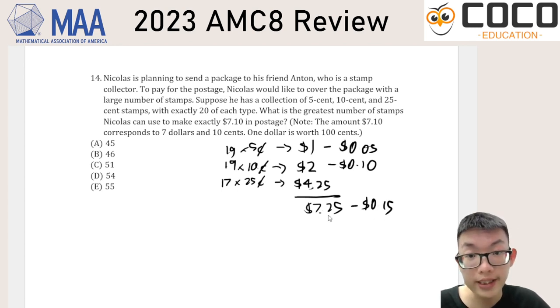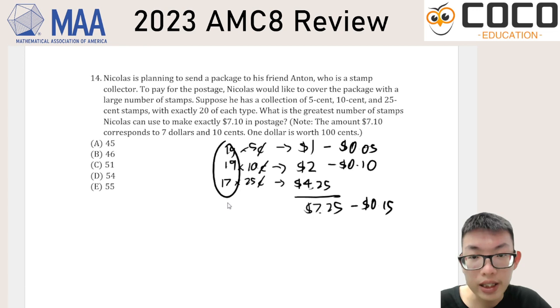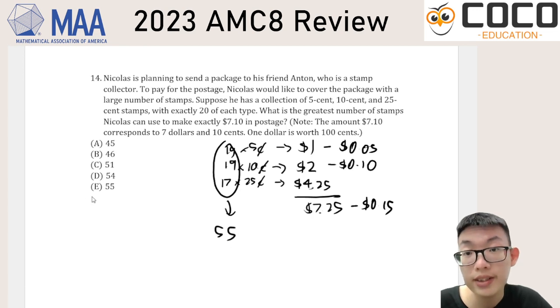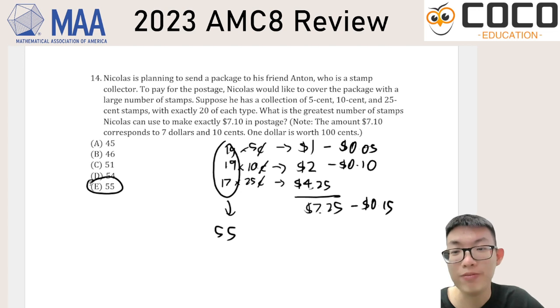So this is correct, and down here I've got 55 stamps. And this is good because it's the largest option, so I don't need to worry about whether I have missed something more clever than this. It's already the largest option, and I found a way to do it, so it must be correct.